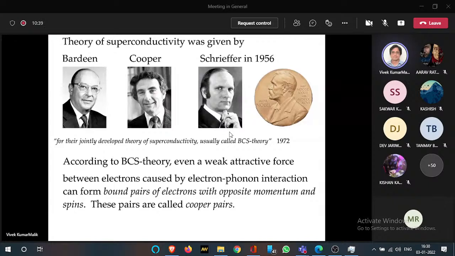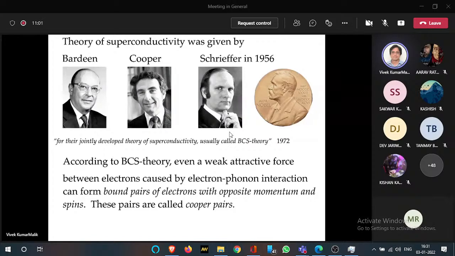Bardeen is also the one responsible for the discovery of the transistor, actually. So he received the Nobel Prize twice. This is called Bardeen B, Cooper C, and Schrieffer S, so the BCS theory of superconductivity.